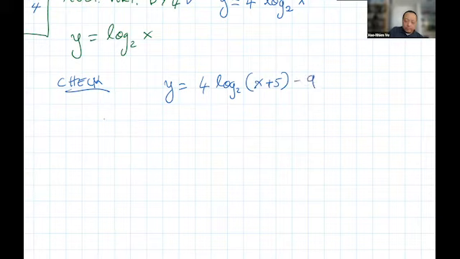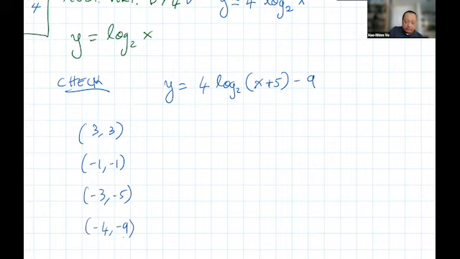We're given 4 points: (3, 3), (-1, -1), (-3, -5), and (-4, -9).